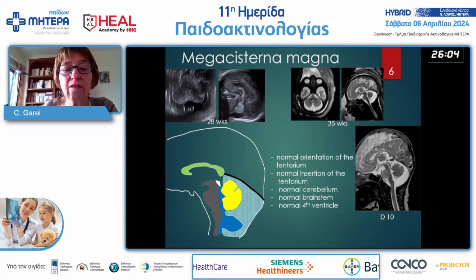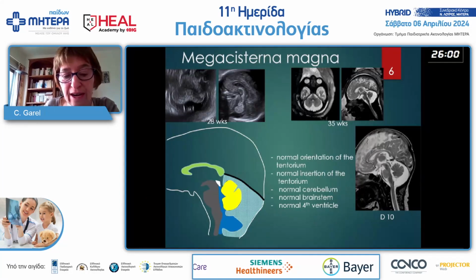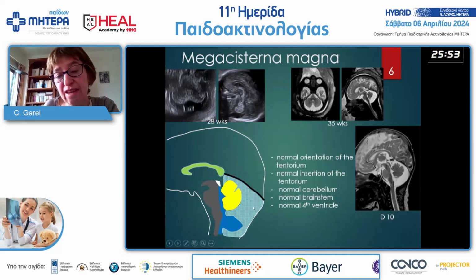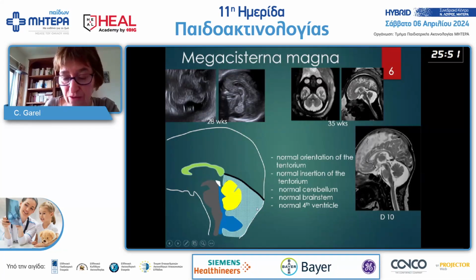The only abnormal or, well, unusual feature is enlargement of the subarachnoid space. When it is isolated, it is considered a normal variant.